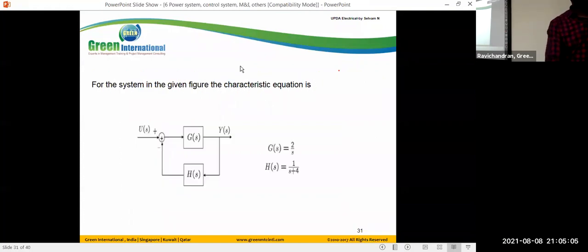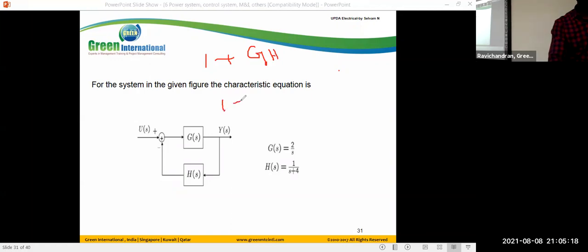Now the same question. What is the characteristic equation for this? How do you find this? The formula is 1 plus GH. 1 plus 2 by s into 1 divided by (s plus 4), which is equal to 0.